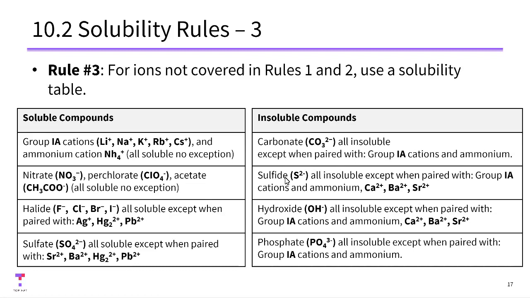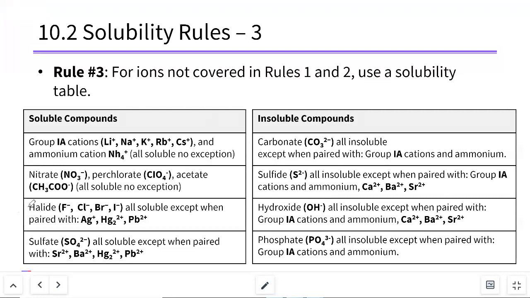The 2 types of things that we are most concerned with in terms of solubility are halide ions and sulfate ions. Halide ions are usually soluble. Sulfate ions are usually soluble, but there are some exceptions in both cases.